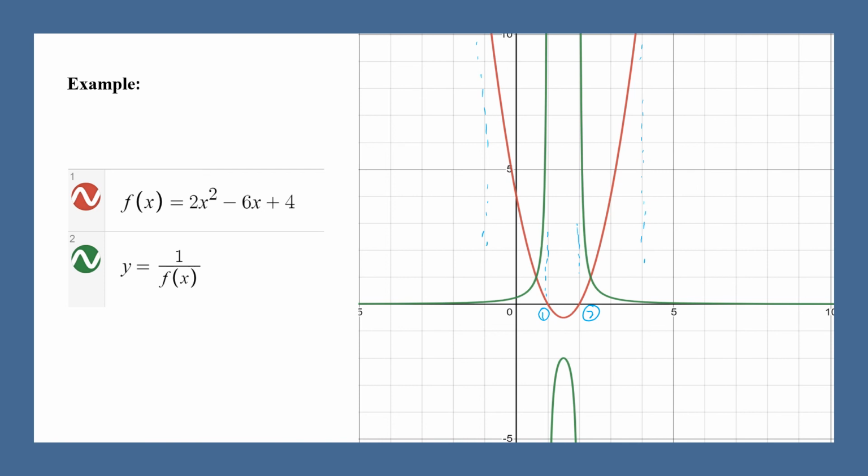And also where the values lie between these two roots, for y is equal to 1 by f of x, it gets inverted, and then you get negative values here. So that's an example of sketching f of x and y is equal to 1 by f of x.